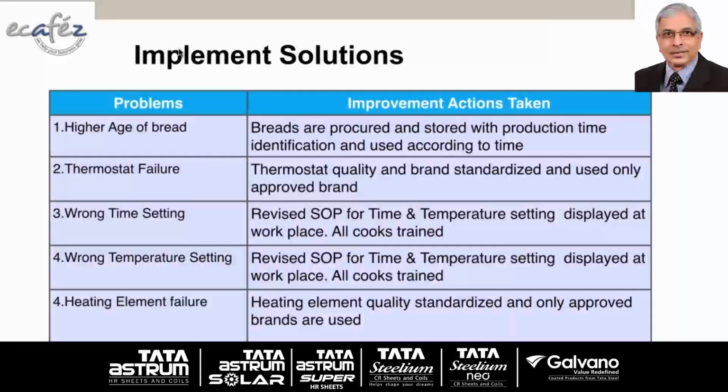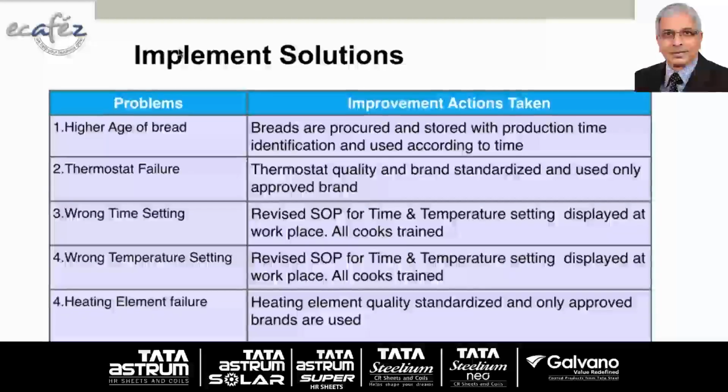Improvement actions taken: higher age bread is procured and stored with production time identification and used accordingly. Time identification is made on the bread packet so that one knows the age of the bread, so that the moisture quantity can be controlled. Thermostat failure: better quality thermostat was standardized.